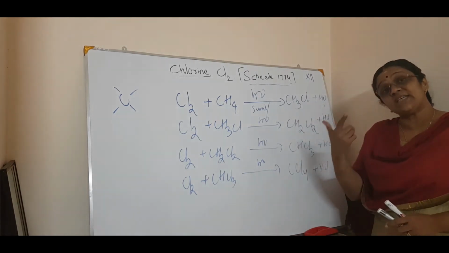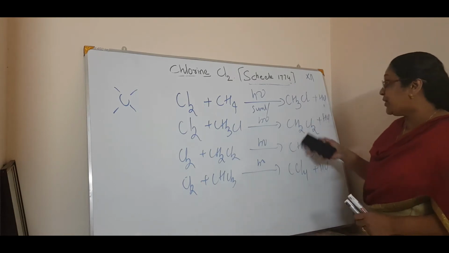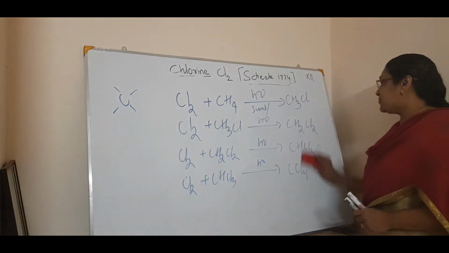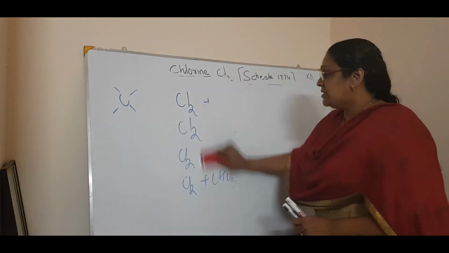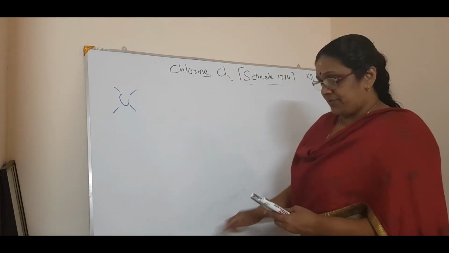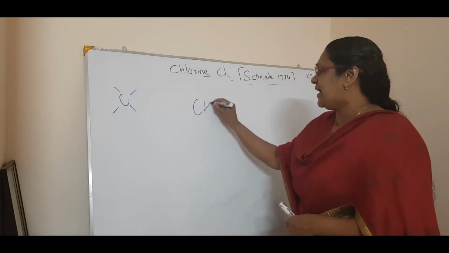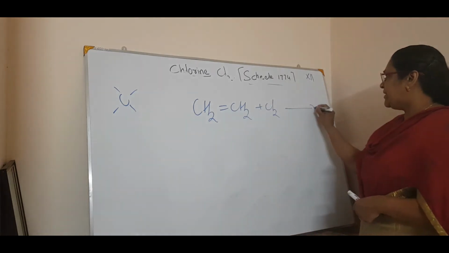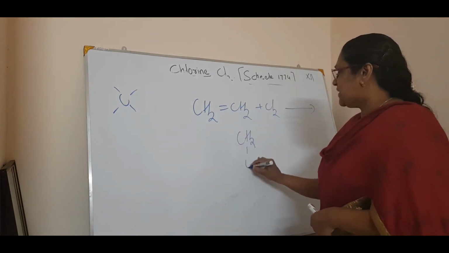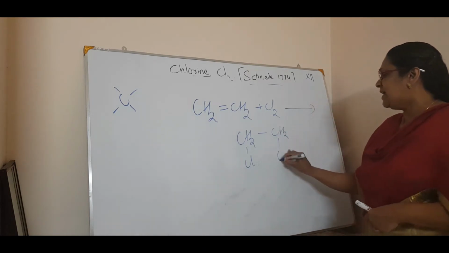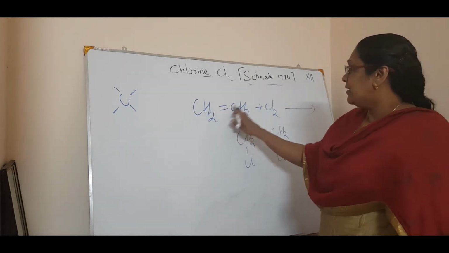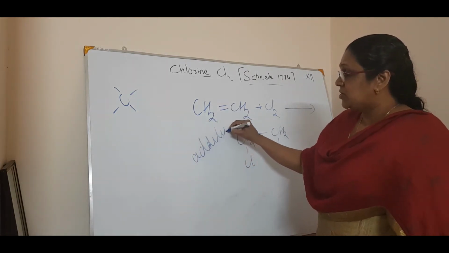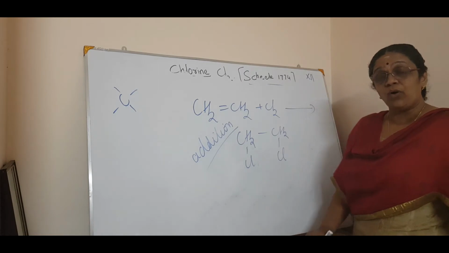Now what about an unsaturated compound? For an unsaturated compound, an addition reaction takes place. For a simple example, CH2 double bond CH2 plus chlorine at room temperature, you can have CH2Cl single bond CH2Cl. The double bond is broken and the chlorine is added to it, which is called an addition reaction.